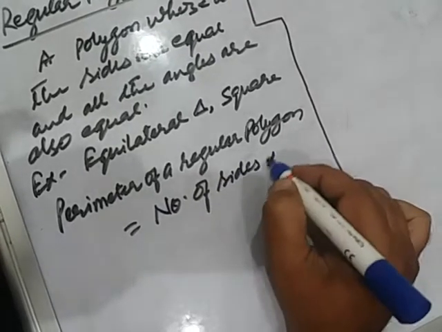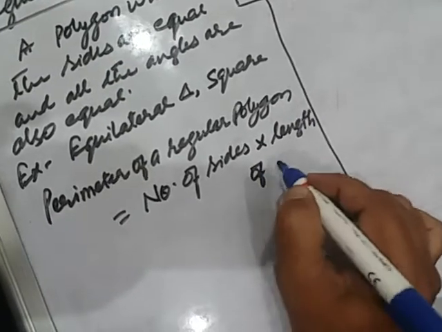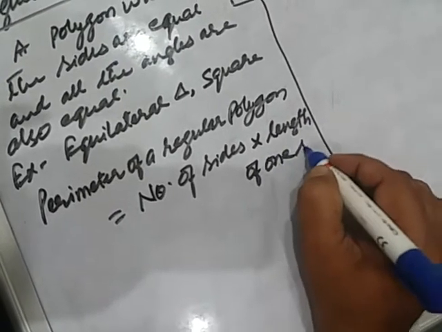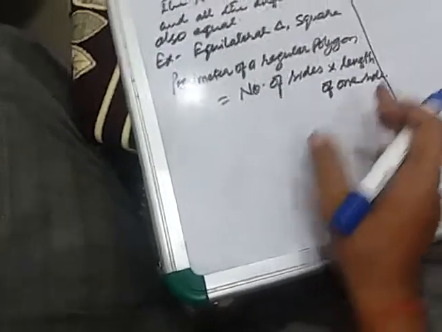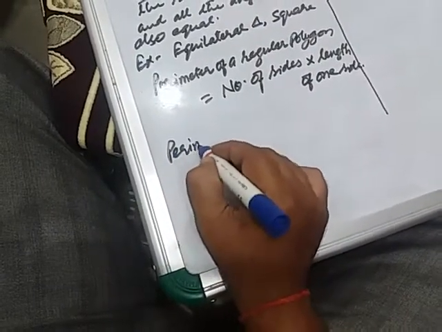This is the general formula for the perimeter of a regular polygon, that is number of sides into length of one side.